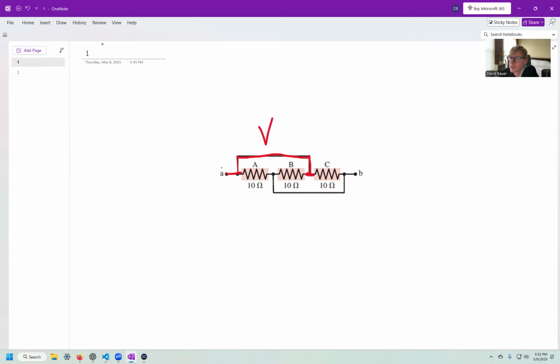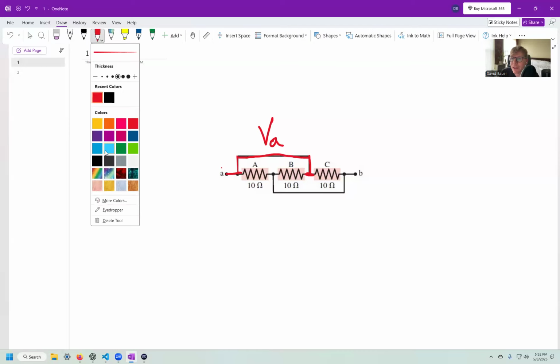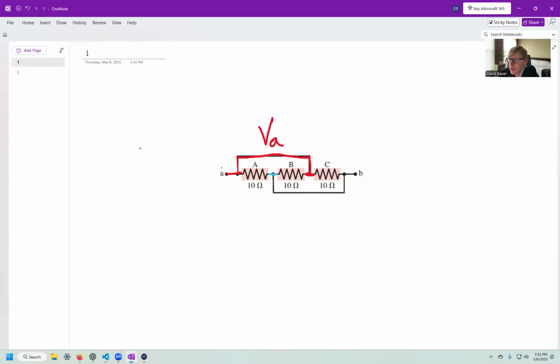We can call this VA. And everything down here along this wire, this is all at the same potential VB.